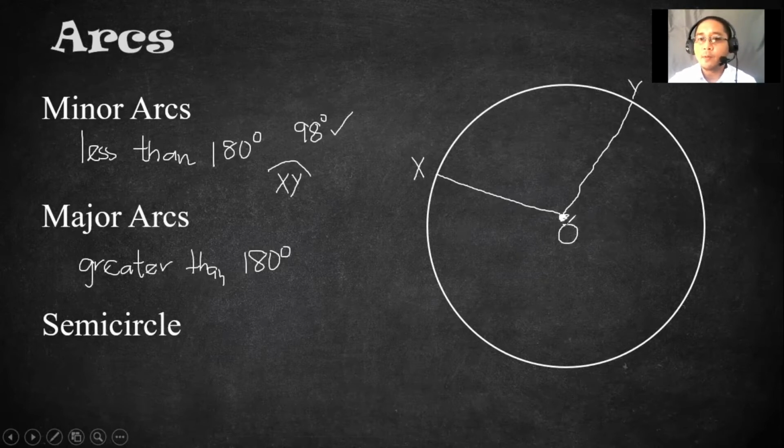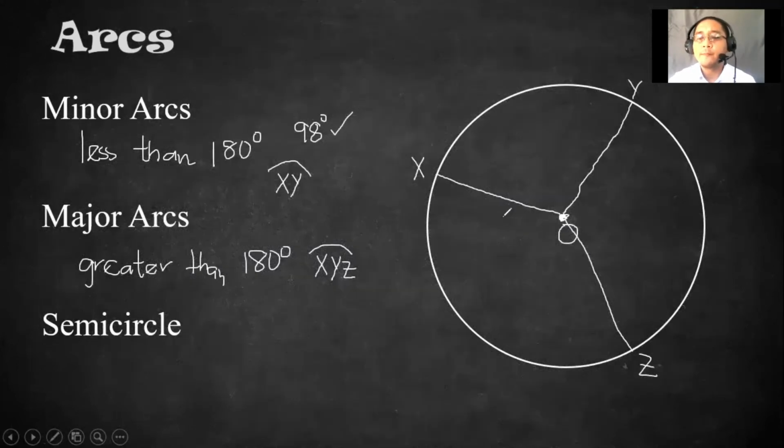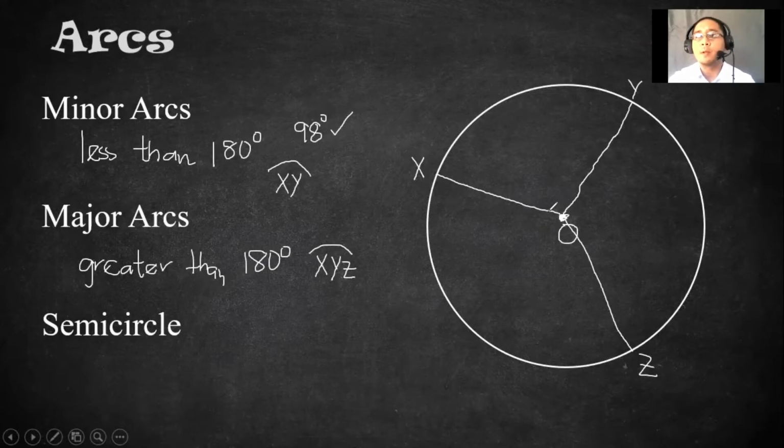So if we place another radius here, and let us name that one as point Z, the major arc here is arc XYZ. If you observe, there is no numerical measurement involved.